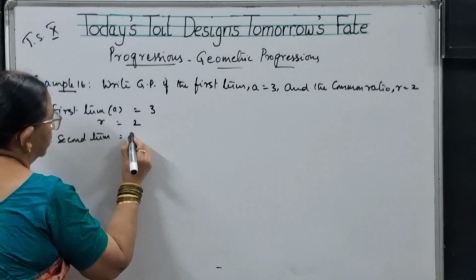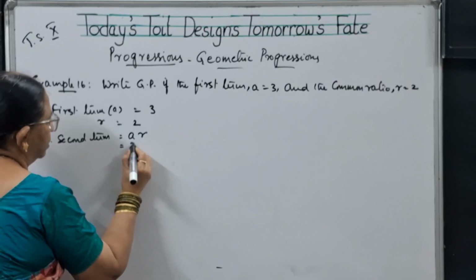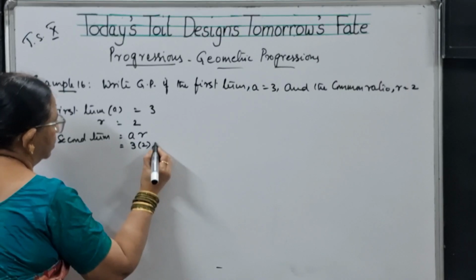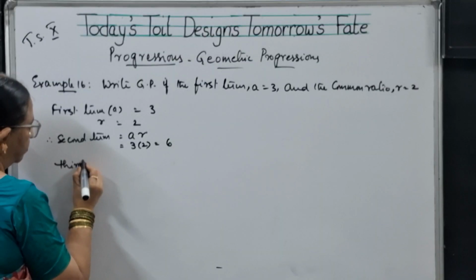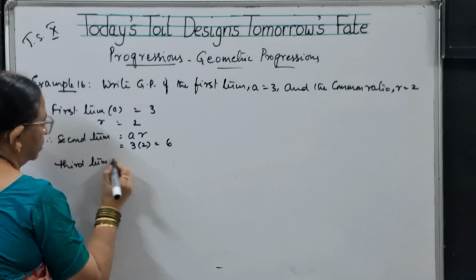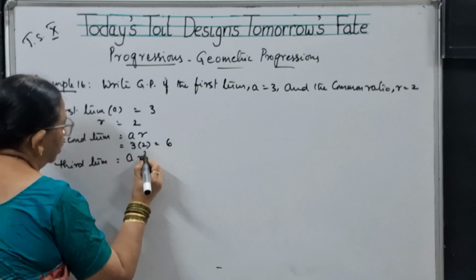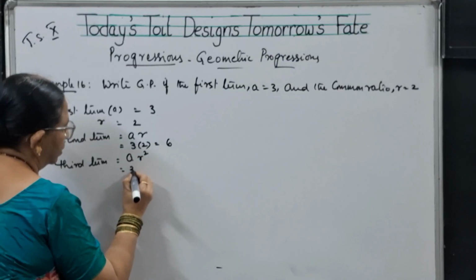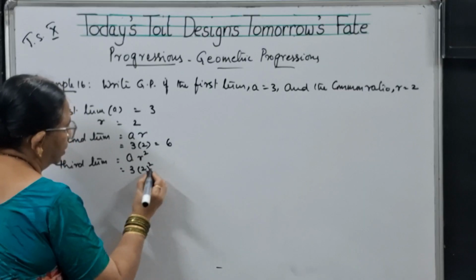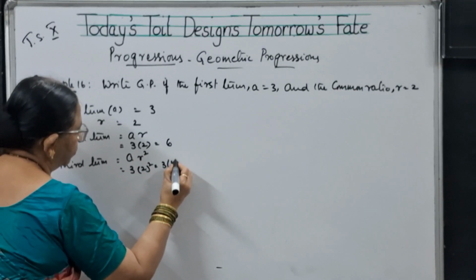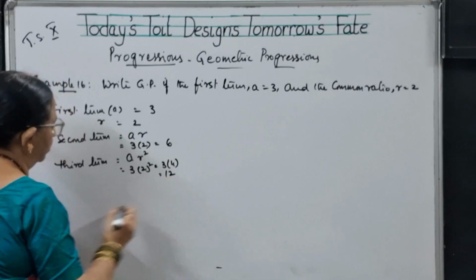Second term is A into R, that is 3 into 2, that is equal to 6. And what is the third term? Third term is A into R square, that is 3 into 2 whole square. That means 3 into 4, which is 12.